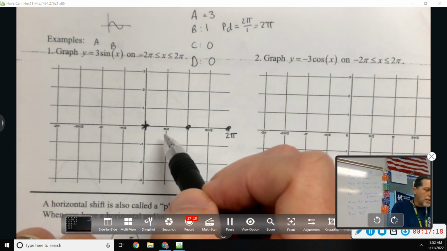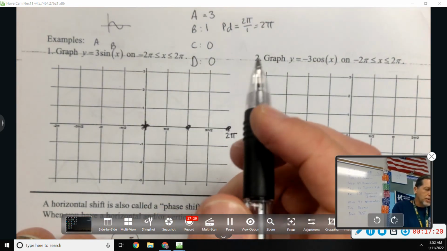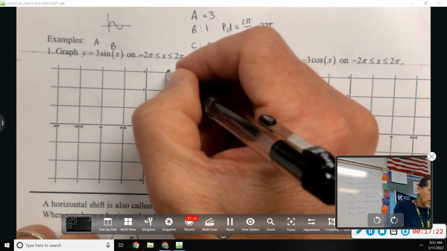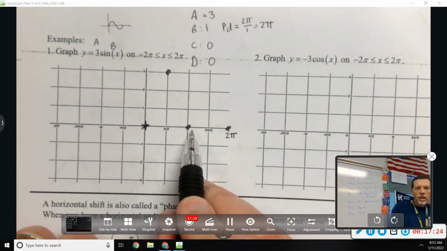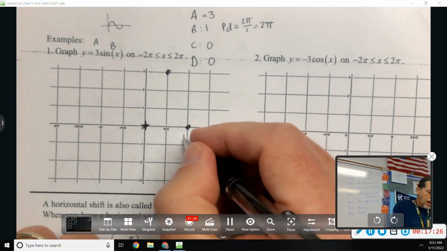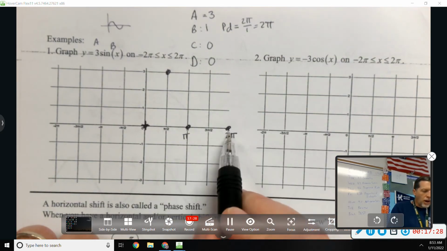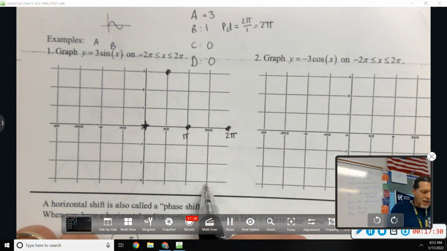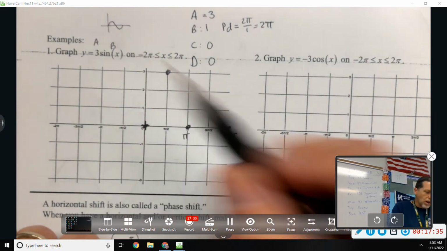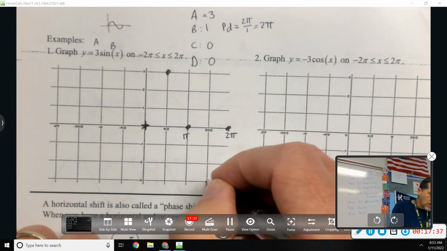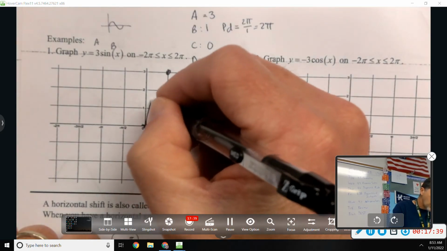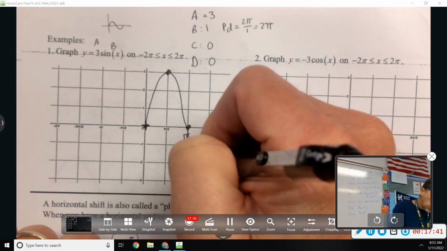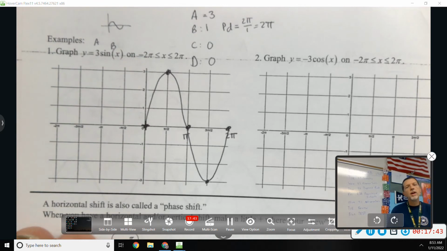And where is my max going to be for this particular problem? At 3. And then halfway between pi and 2 pi should be a min. And how far down is the min going to go? 3, because the amplitude is 3. I stretched it by 3.